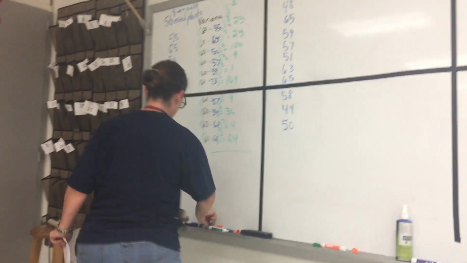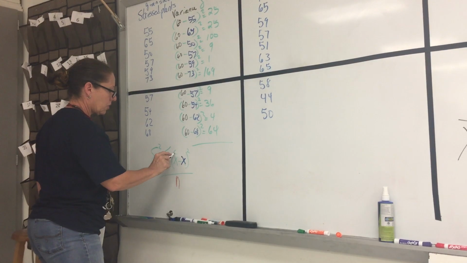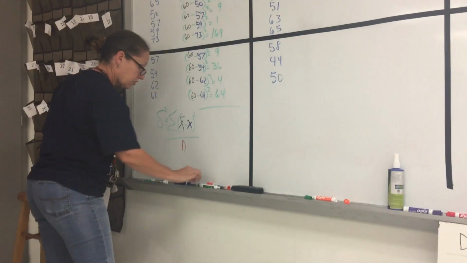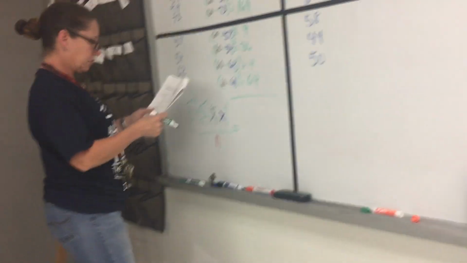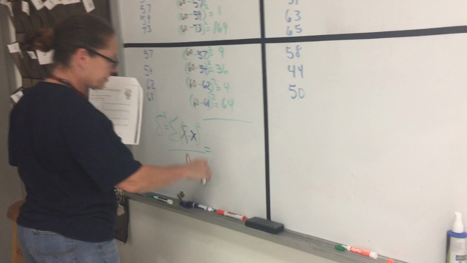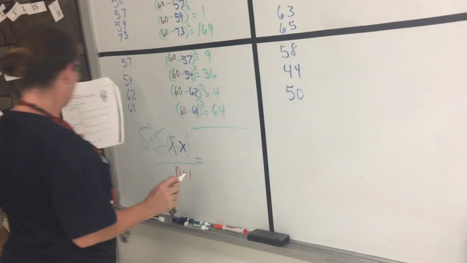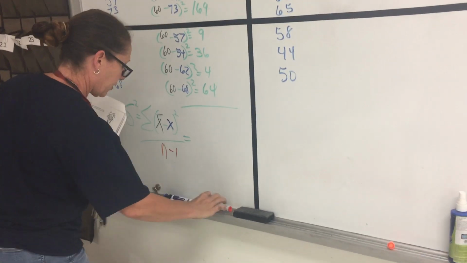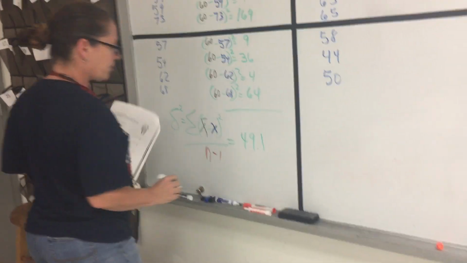When you add all that up, and then you divide by 10 minus the 1, n minus 1, that'll give you a variance of 49.1. Okay, that's our variance.